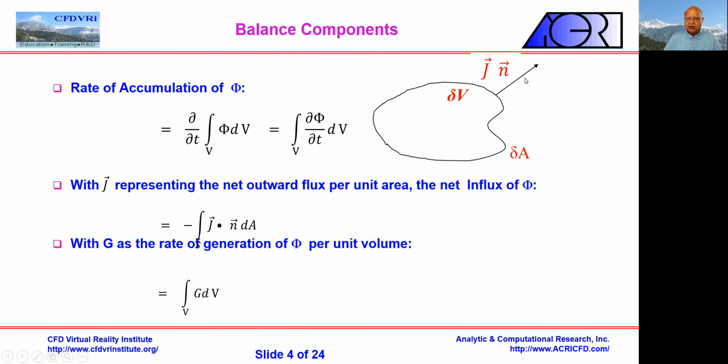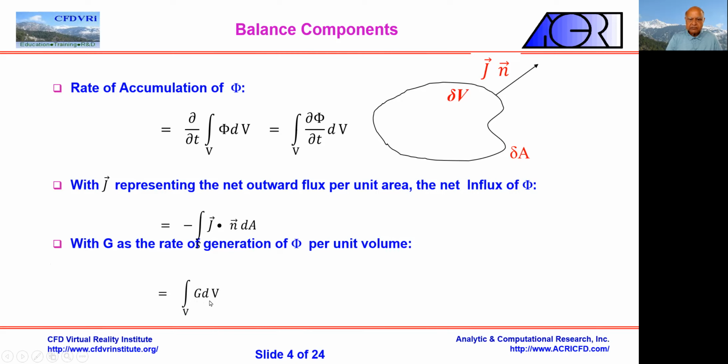If J is the outward flux at the surface, then the net influx of phi is given by minus the dot product of J and N. That's the total flux leaving the area. So minus defines the input, times the area. Finally, G is the rate of generation per unit volume. So that leads to per unit time per unit volume, and that leads to G delta V.